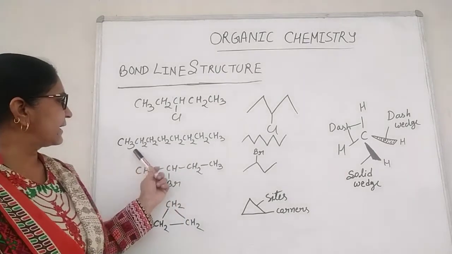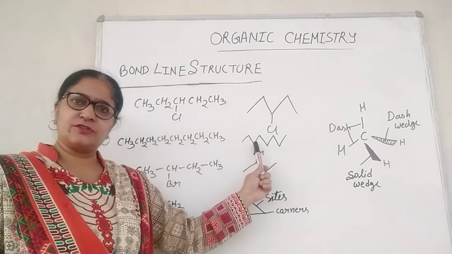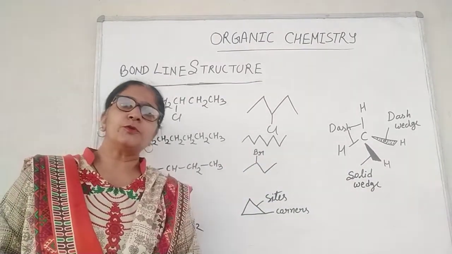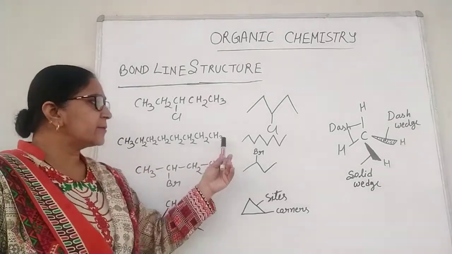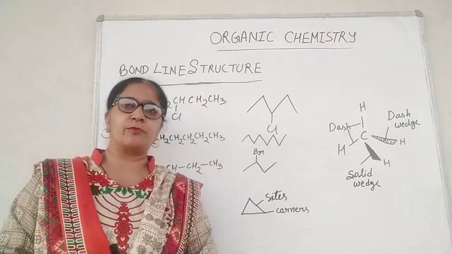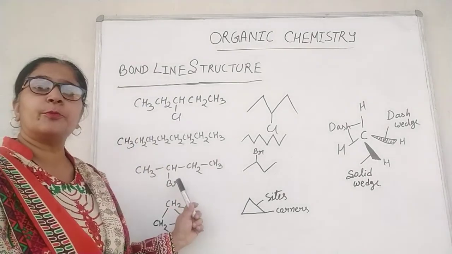That is the condensed formula and that is the bond line structural formula. So this is the condensed structural formula and the bond line structural formula for 2-bromo-butane.